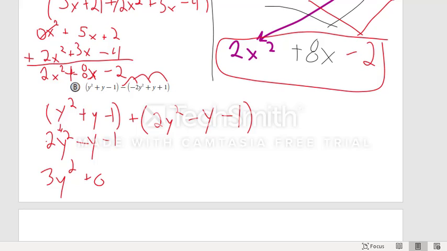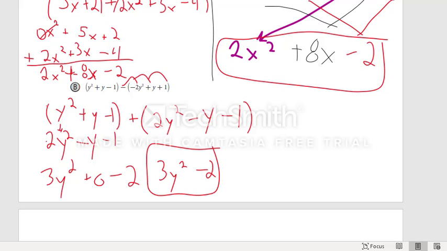And negative 1 minus 1 makes negative 2. Be careful with the negatives. This is where a lot of people make mistakes, thinking a negative 1 minus negative 1 makes 0. They're both negative, so it's negative 2. Be really careful with that. So we can write that final as 3y squared minus 2.